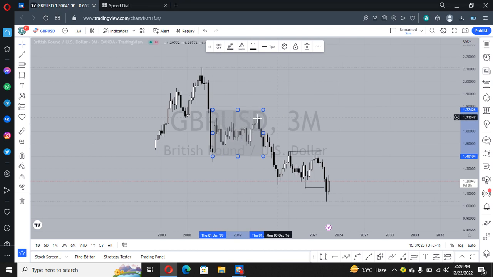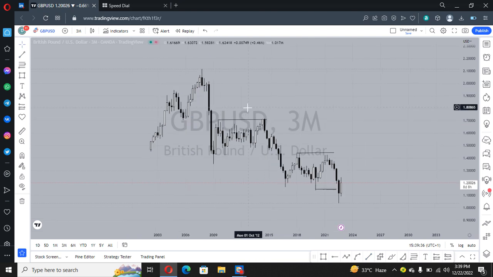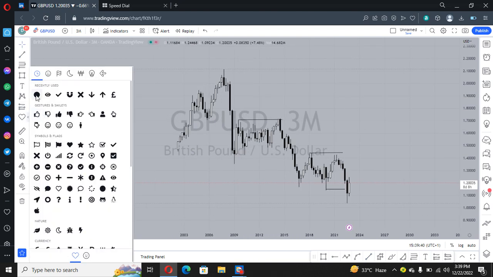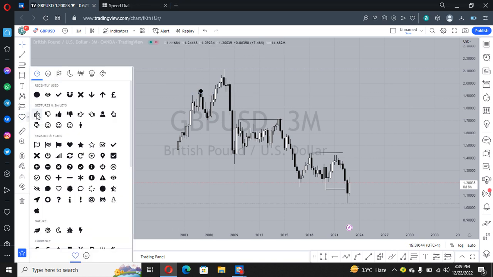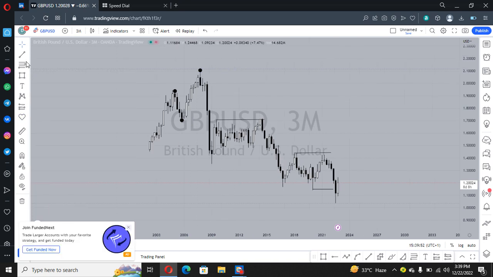So price will come to that area to grab that liquidity. The question is when. All right, so we have liquidity right here, and based on the market structure, we do know we have a high right here, and price traded lower. We have a low right here, and what do we have again? A high was created right here, right?